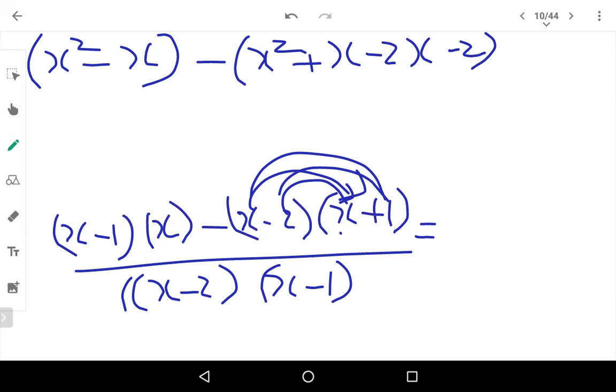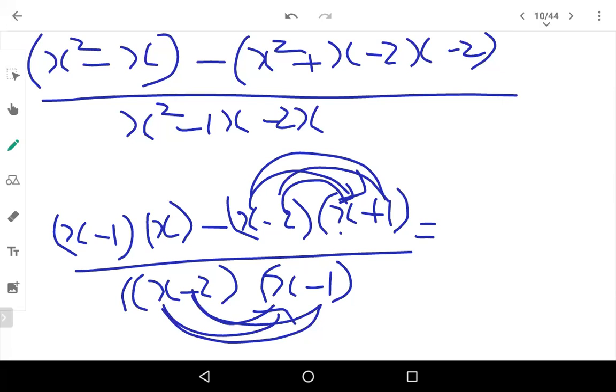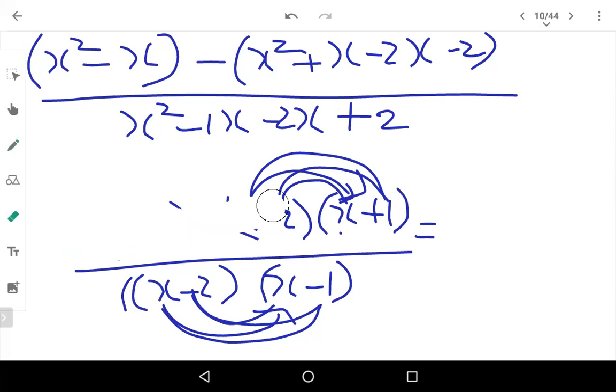Okay, so this will be the expression. Then divided by, now in the denominator, x into x is x square, x into minus 1 is minus 1x, minus 2 into x is minus 2x, minus 2 into 1 is minus into minus is plus, so you'll have plus 2. Okay, so this is what you get on the left hand side of the equation.